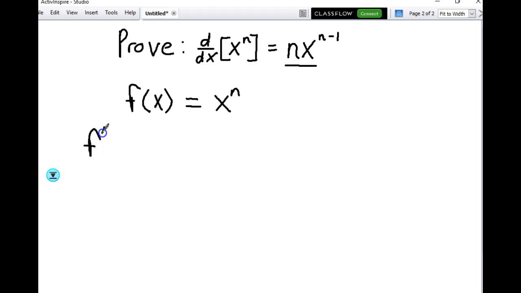So f prime of x is equal to the limit of delta x, as delta x approaches 0, of our difference quotient.